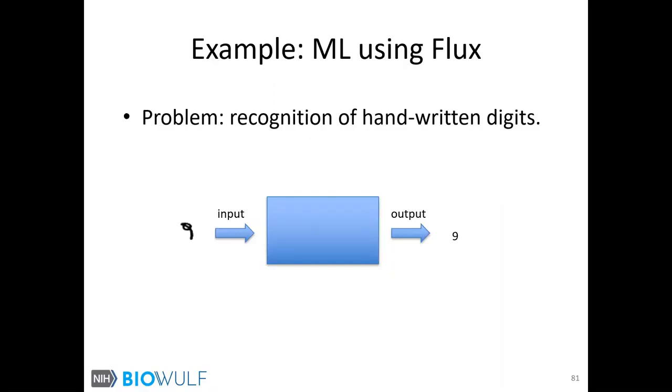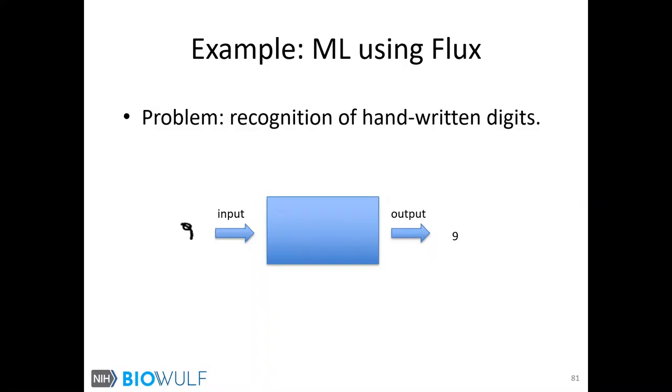We're going to have a problem that's a classic problem in machine learning: the recognition of handwritten digits. This basically consists of a number being used as an input to a blue box that we see on the screen.